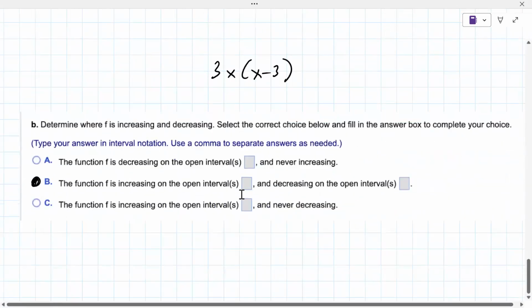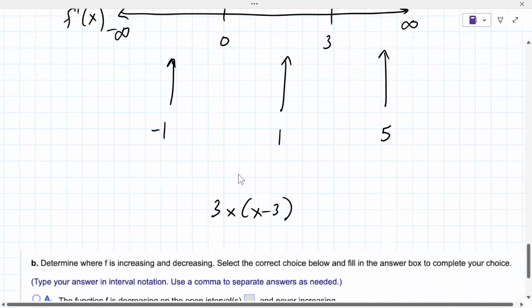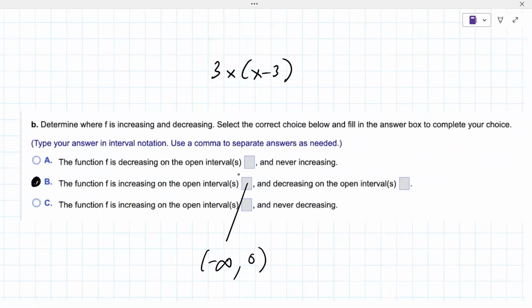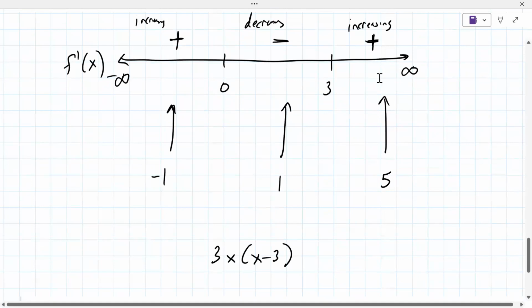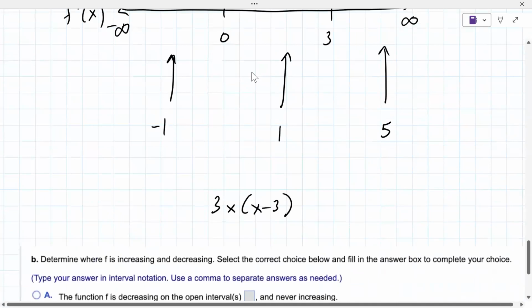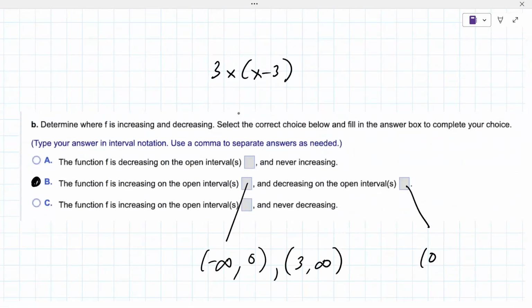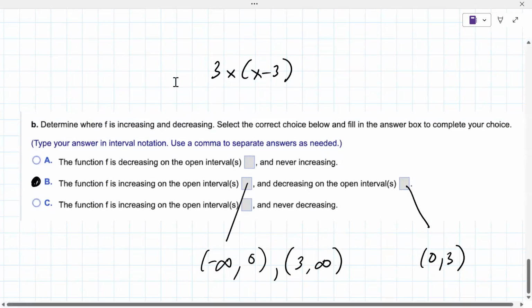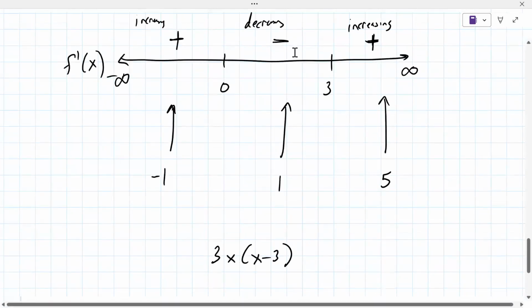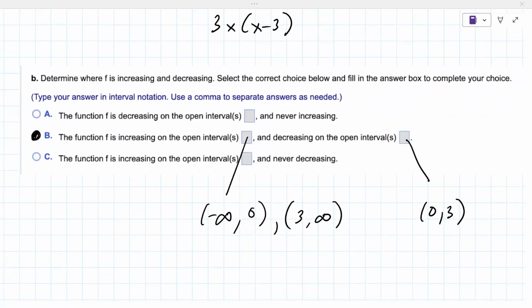So it's increasing from -infinity to 0, union, it says use commas to separate, 3 to infinity. And then 0 to 3 is where it's decreasing. So typically it's all the intervals, you just have to fill them in where they go.